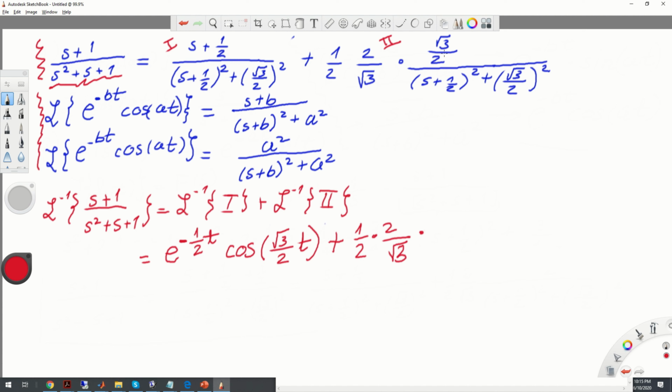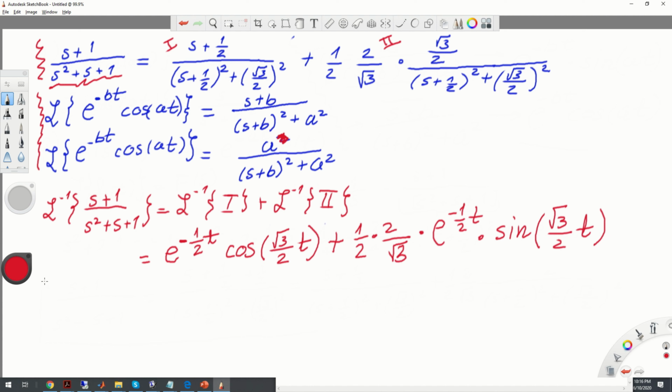What do we recognize? Here we made an error, or we didn't make an error. Okay, so basically, is this correct? Yes, this is correct. Only I made an error here. So what do we have here? We have e to the minus 1/2 t times sine of square root of 3 over 2 times time.